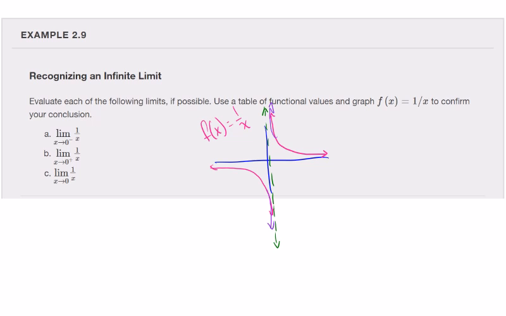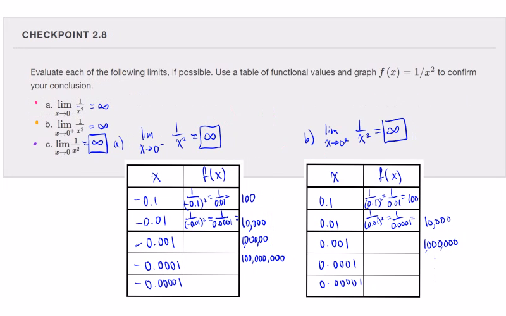Right, now this function that we just looked at, 1 over x squared, it looks similar on the right. It's a little steeper, right, because it goes up faster. But on the left, it actually is a reflection across the y-axis, so it also goes up like that. Okay?